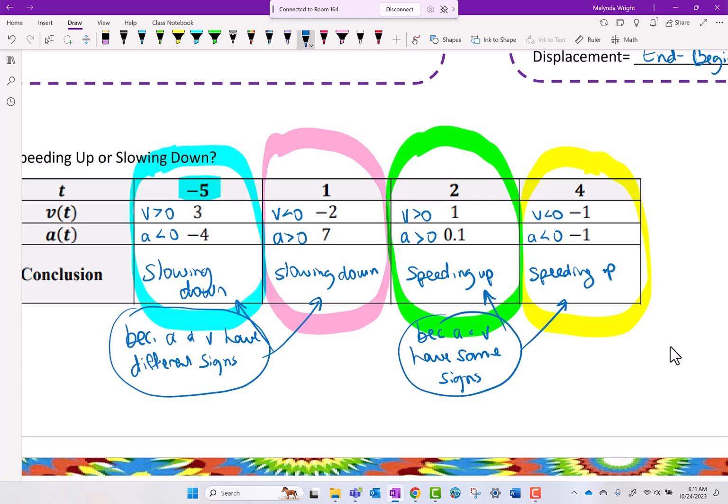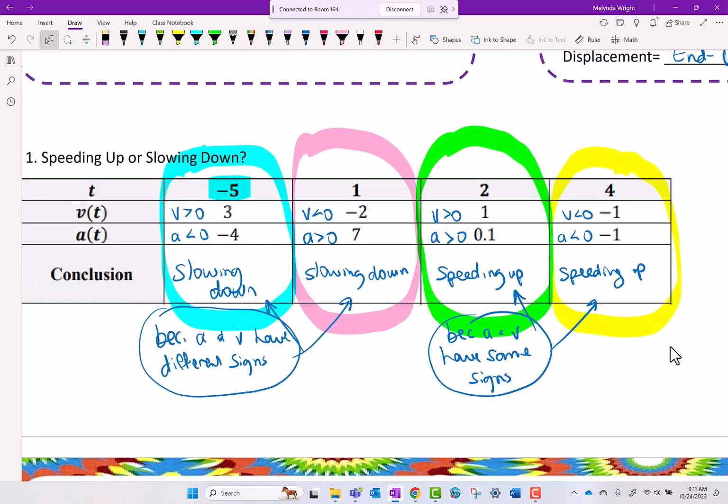So that's some practice on speeding up and slowing down. Really important to recognize that the way that we tell is by the sign of velocity and acceleration. That's it. There is no other way to tell.